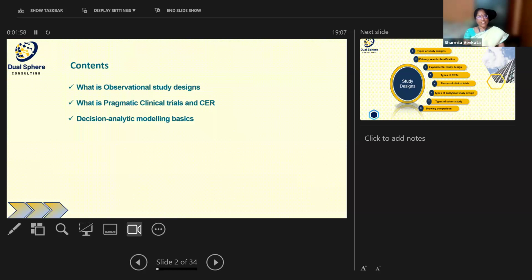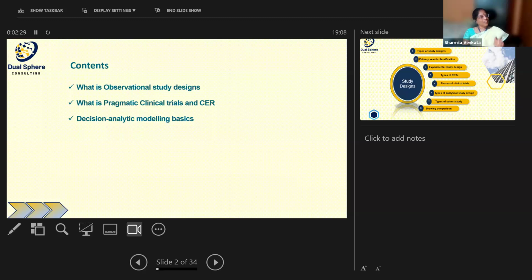And third is decision analytical modeling basics, which allows us to synthesize data and support healthcare decision making when direct evidence is limited. This way, we are building from the what and why of HEOR and RWE into the how, the actual research designs and methods that bring evidence into practice.